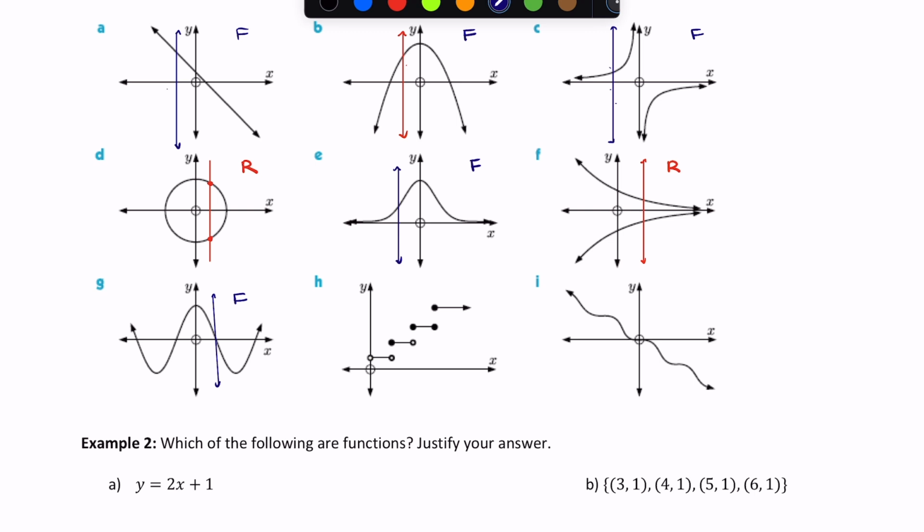Here, what you'll notice is there's one point right here that fails the vertical line test because it crosses through these 2 points. And so it fails the vertical line test right there, and it only needs one spot where it fails the vertical line test for it to become a relation. And then last one here. This is the vertical line test again, so this is a function.